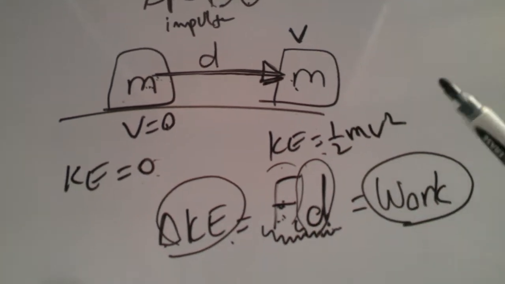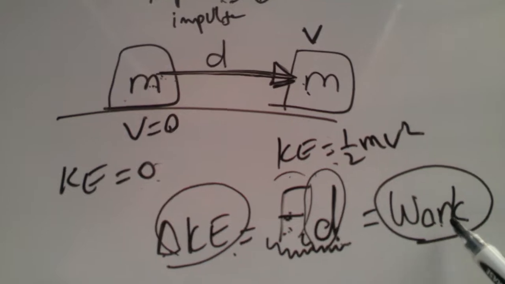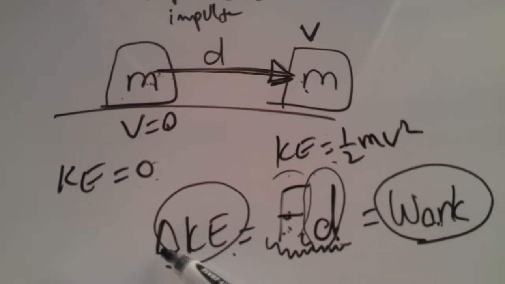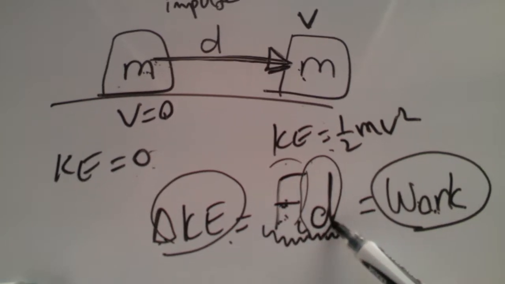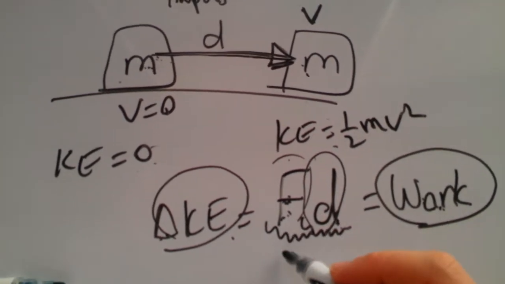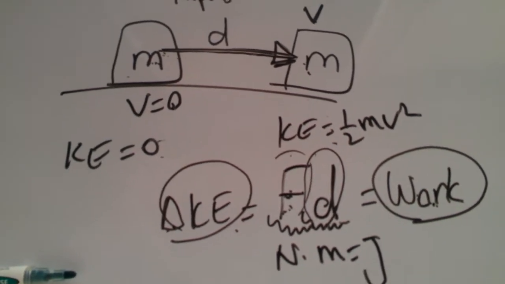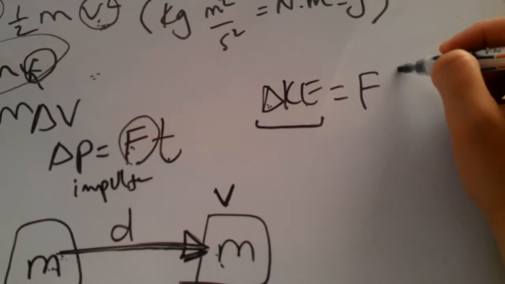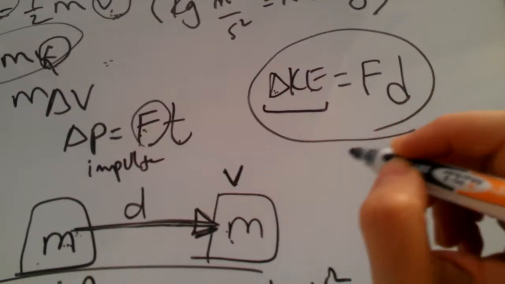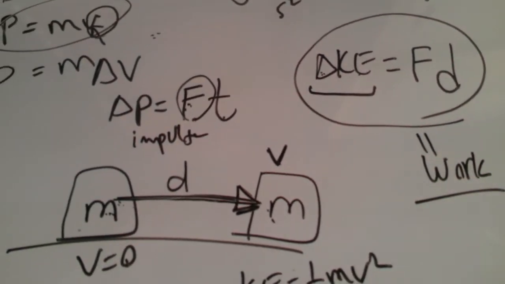Now, units for work: work equals change in kinetic energy, and you see work is force times the displacement of the force, so it's newtons times meters, and that is the same as joules. So let's make this complete. Change in kinetic energy, we'll learn, is work, and that makes a lot of sense.